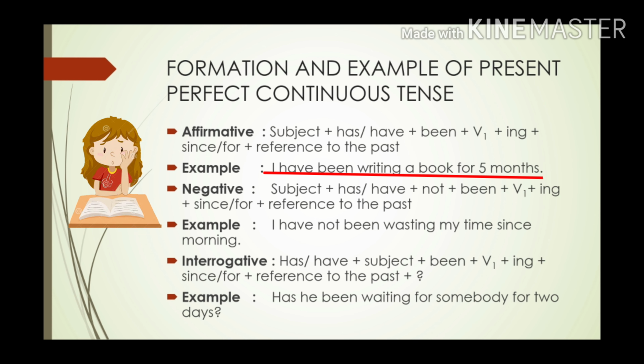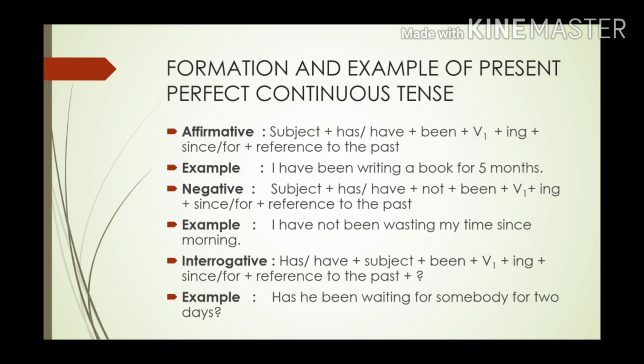I have been writing a book for 5 months. Here, the subject has started writing a book in the past, that is 5 months ago, but he is still writing it. He's still working on it. So, for such kind of sentences, we use present perfect continuous tense. Let's take one negative sentence example.